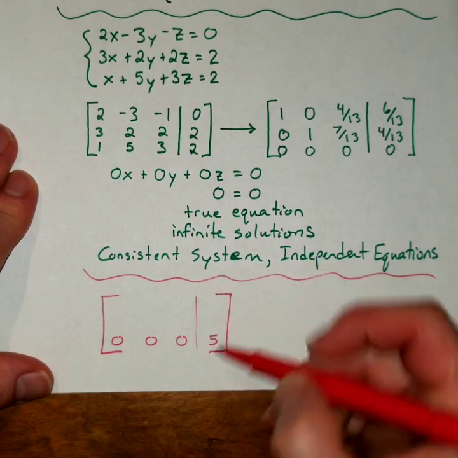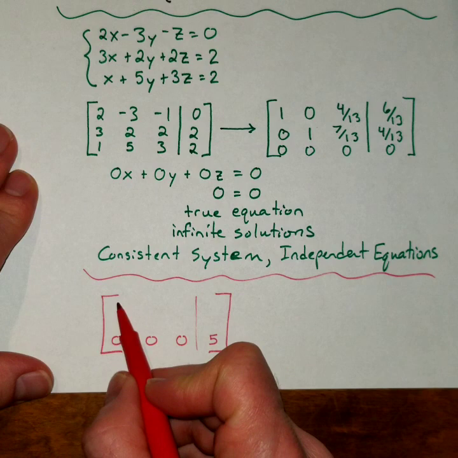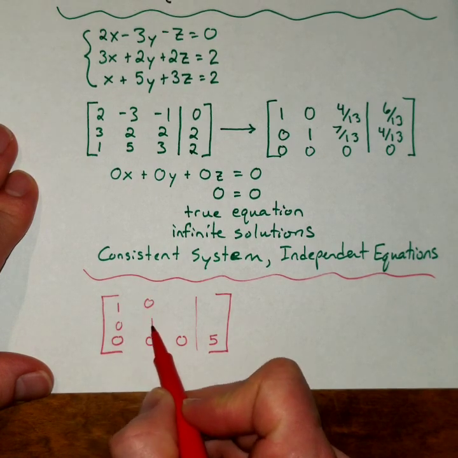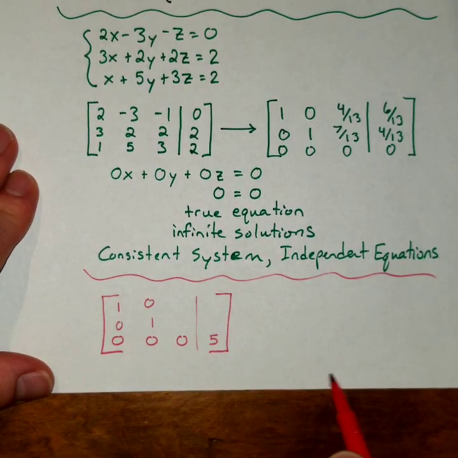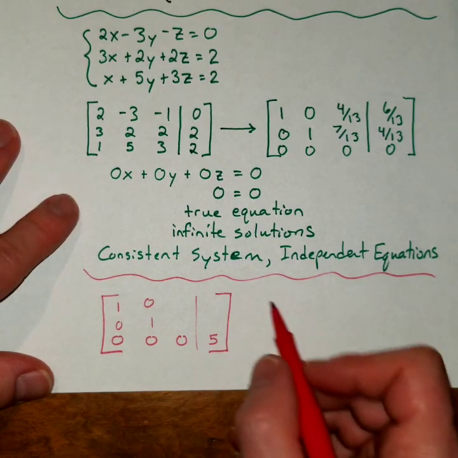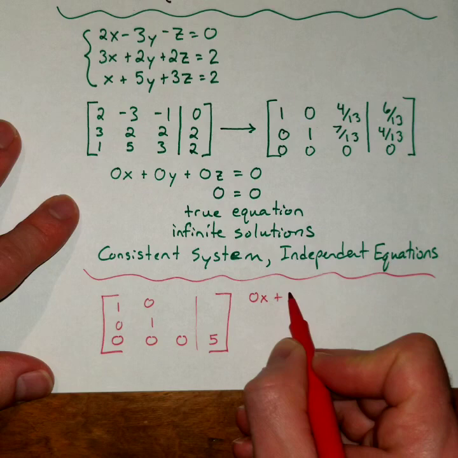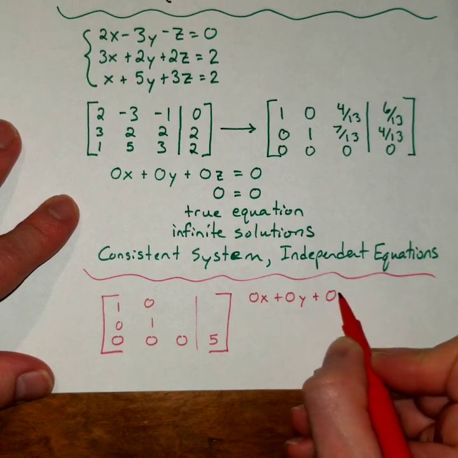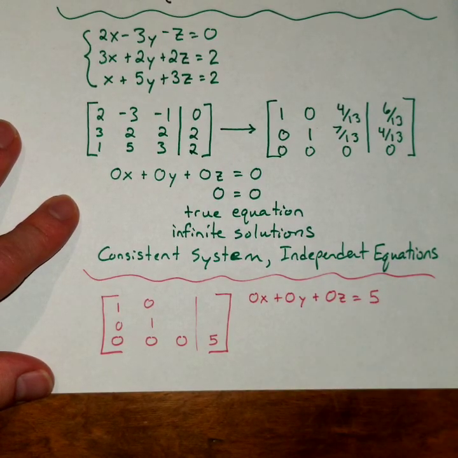Okay, and of course, you know, maybe a 1 here and a 0 and a 0 and a 1 and then some other stuff in these other places. And so if you look at the bottom row again, you would have 0x plus 0y plus 0z equals that number.